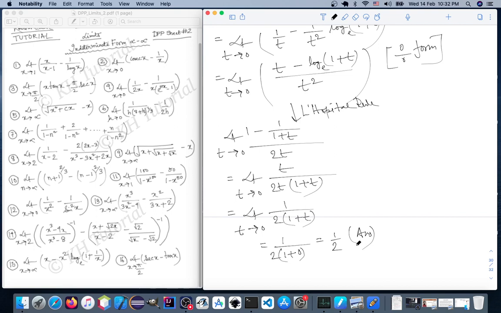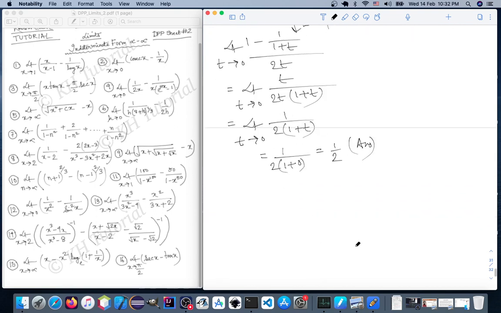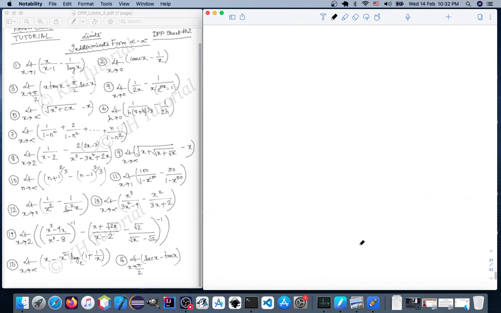Okay, so let's do the last question. It says limit x tends to pi by 2, sec x minus tan x.